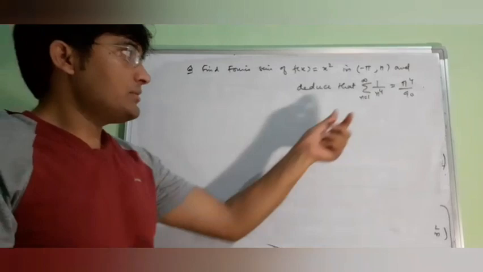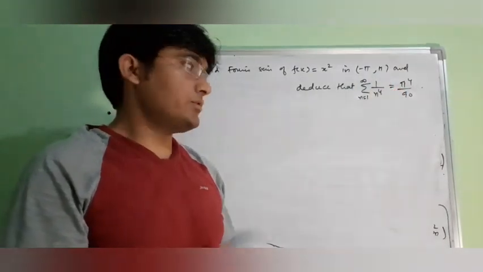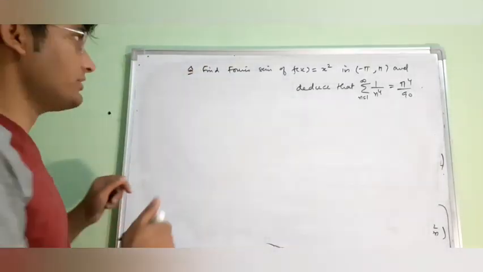We know the value of summation 1 by n square, but now we have to evaluate the value of summation 1 by n^4. So we will need the Parseval identity.